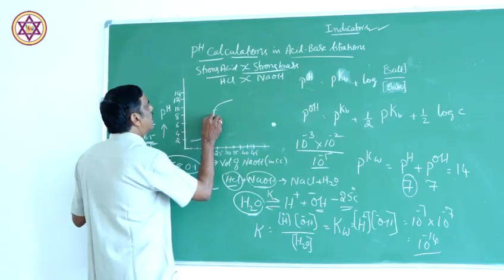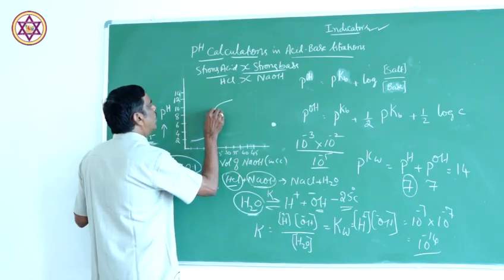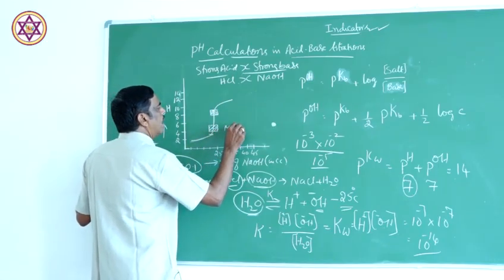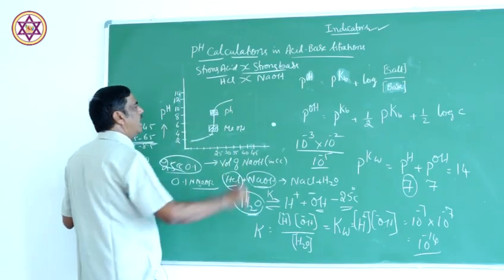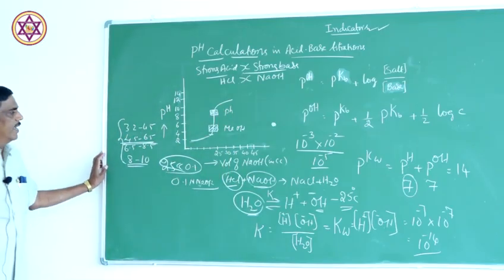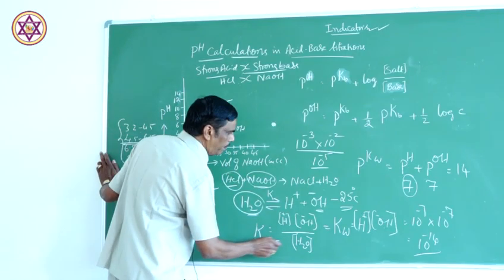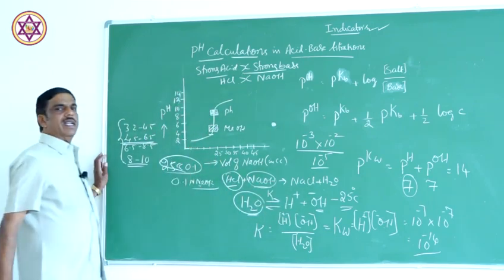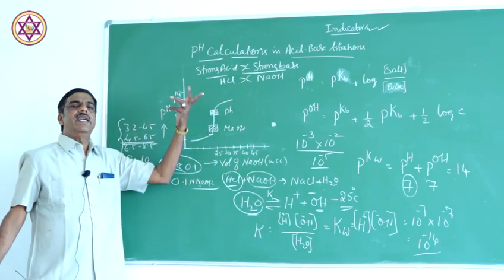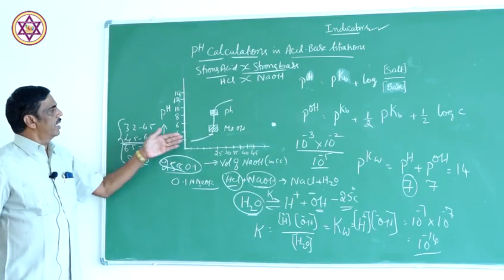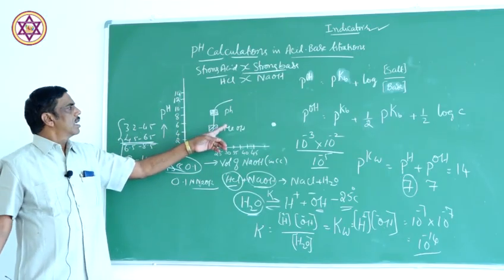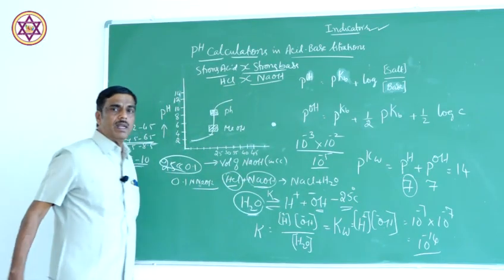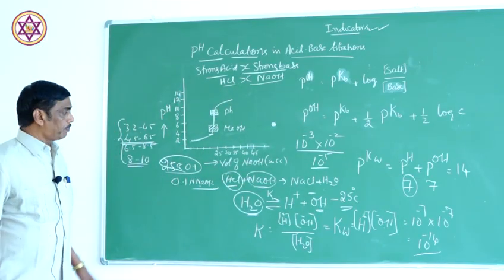So that change is also there between 8 to 10. Therefore you can use either methyl orange or phenolphthalein indicator as we have explained earlier. The pH at the end point changes from 4 to 10, and that's why you can use any indicator in this range as I have shown here. You can use methyl orange or phenolphthalein indicator in case of strong acid, strong base titration.